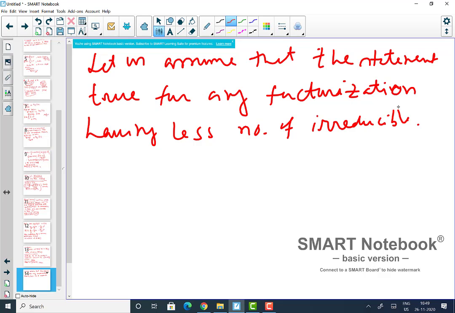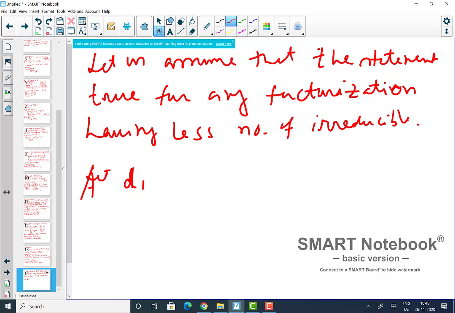If you have fewer than k factors, then it is true, and you can write it as a product of two polynomials inside R[x]. Now you start with d1.